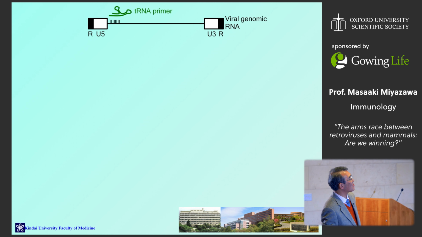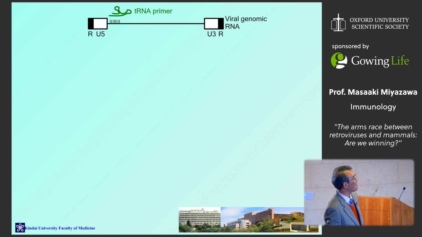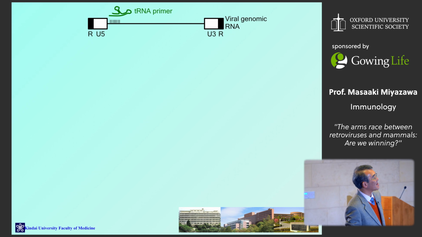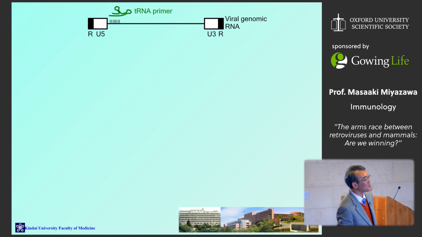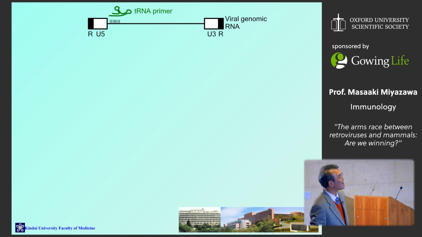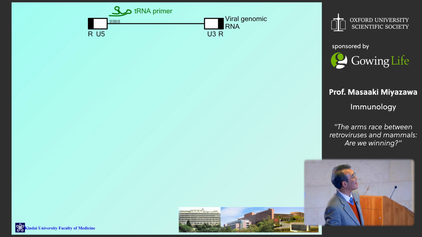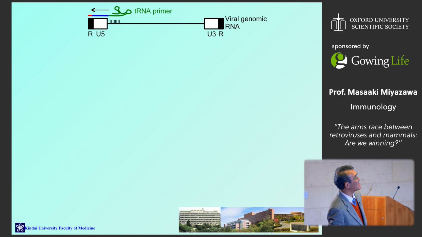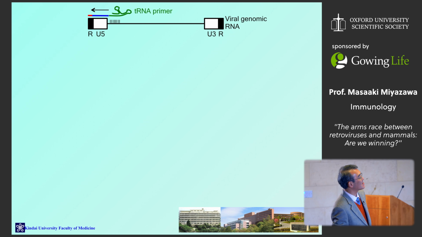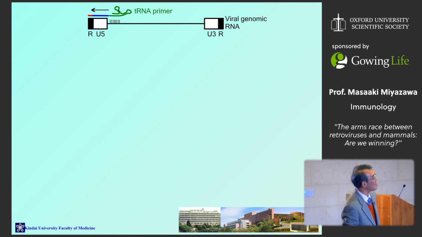So the retroviruses use the transfer RNA of the infected host cell as a primer to start producing DNA. So reverse transcriptase uses the tRNA as a primer and starts to produce single-stranded DNA of minus sense, going this way from 5' to 3'.